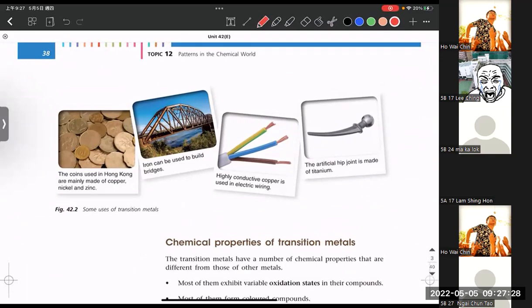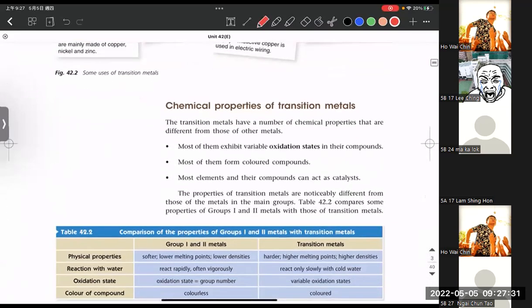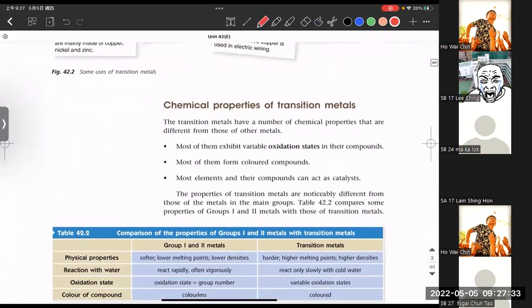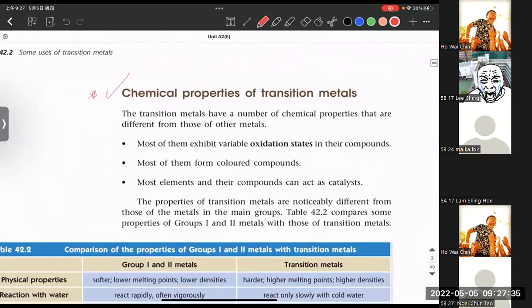Now, I would like to mention something about chemical properties as well, because for the DSE, they will test it every year. In long questions, they will test this type of concept in alternate years.